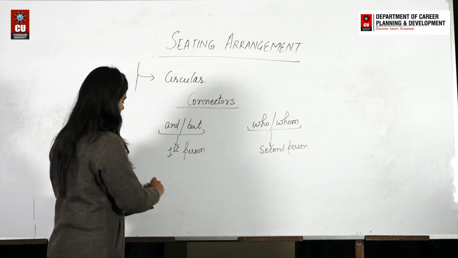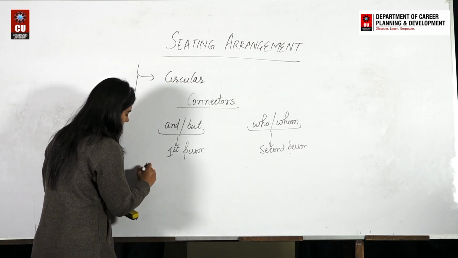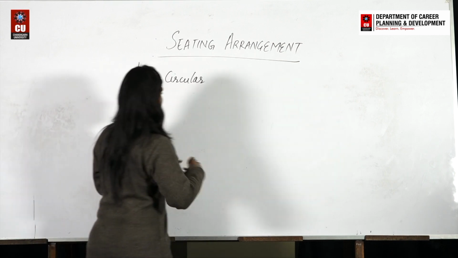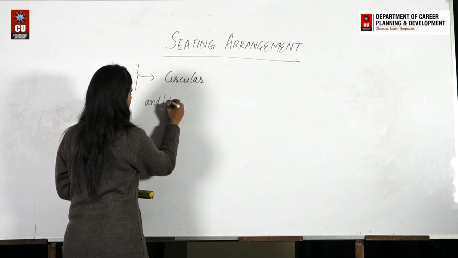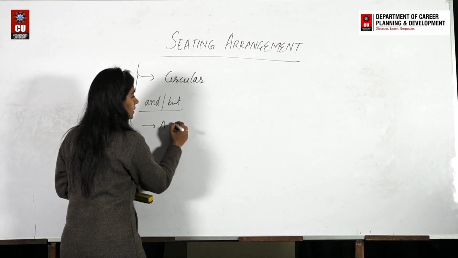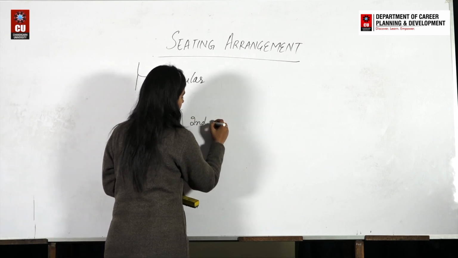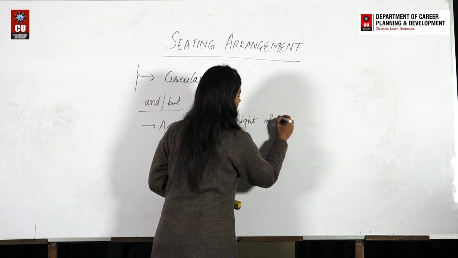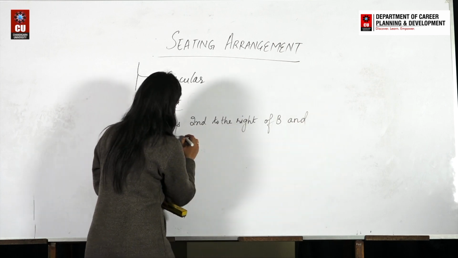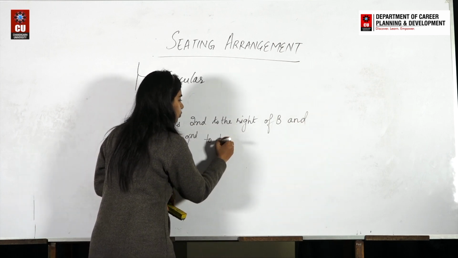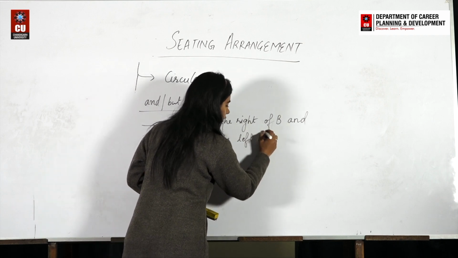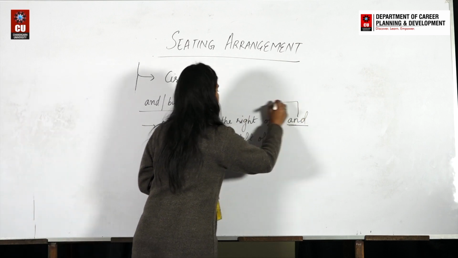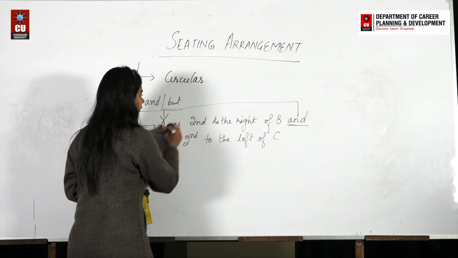Such as the statement comes: A is second to the right of B and second to the left of C. When this statement comes, and is used for the first person.